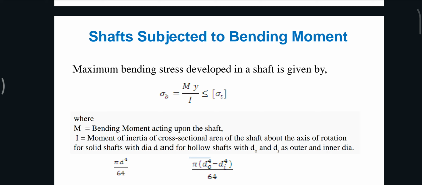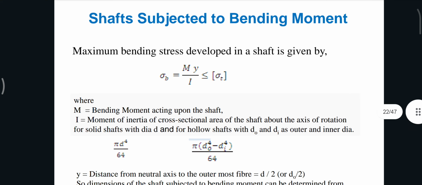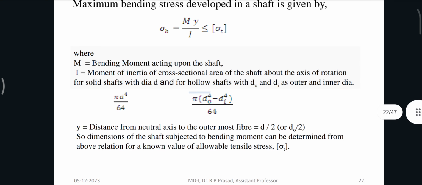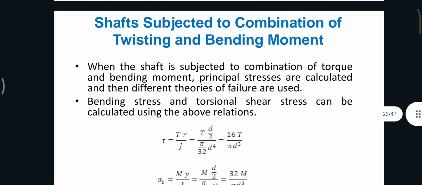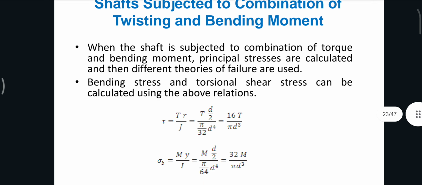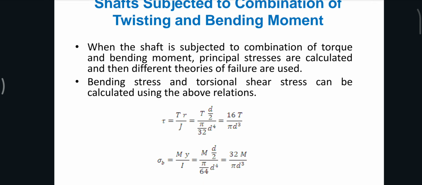Maximum bending stress developed in a shaft is given by sigma b equal to M y by I, where M equal to moment, y equal to distance from neutral axis to the outermost fiber, I equal to moment of inertia. Bending stress and torsional shear stress can be calculated using the above relations.